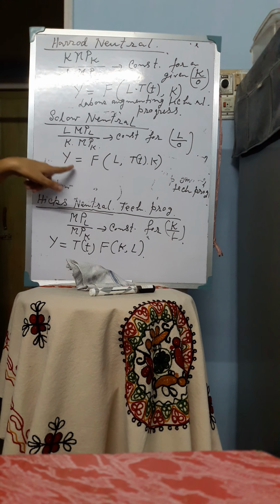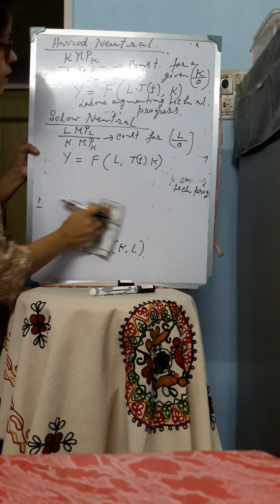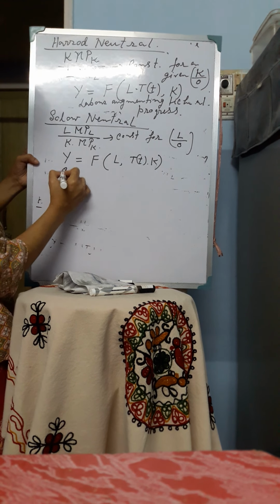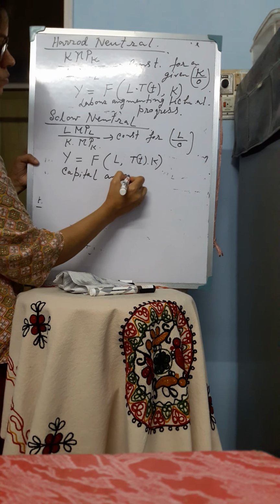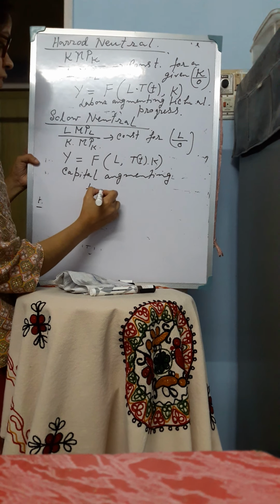So this is a capital augmenting technical progress. So Solow neutral technical progress is a capital augmenting technical progress.